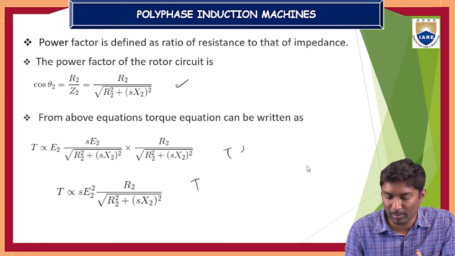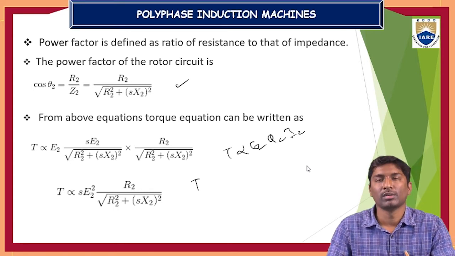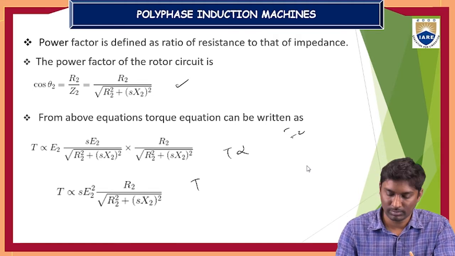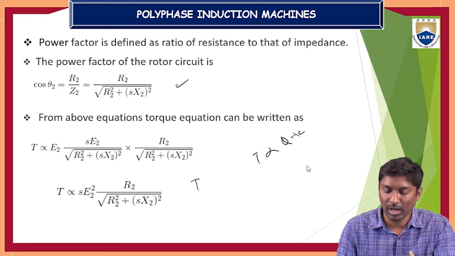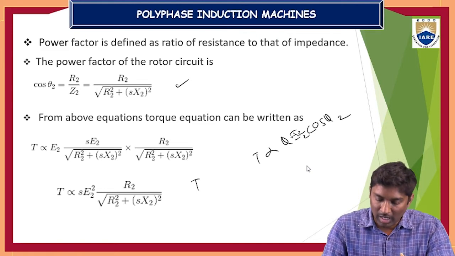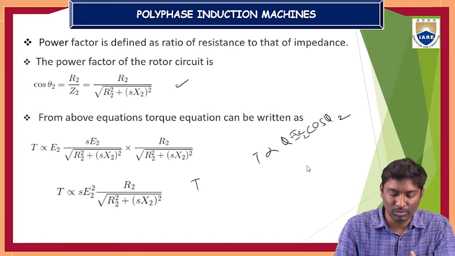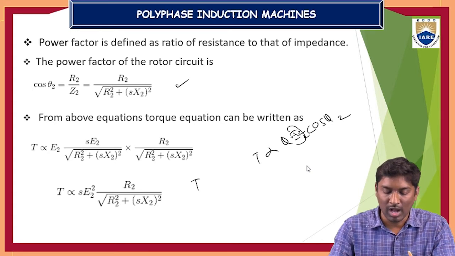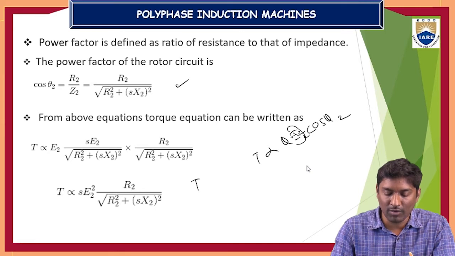So the torque is directly proportional to E2 into I2 into cos phi 2, where I2 is S into E2 divided by the square root of R2 squared plus (S X2) squared, and cos phi 2 is R2 divided by the square root of R2 squared plus (S X2) squared.